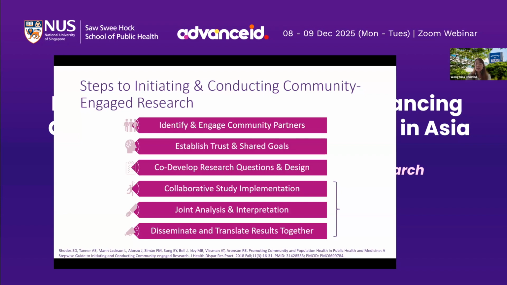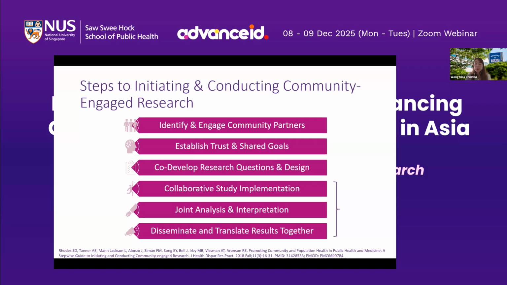You see that for this study, they focus on involving community members and organizations as equal partners in all stages of the research process, starting from when they were identifying and engaging community members right through to the dissemination and translation of the research results together.